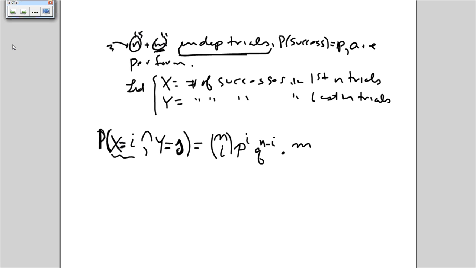So from the last M, you just have J successes, P to the J, Q to the M minus J. X is between 0 and N, and Y is between 0 and M.